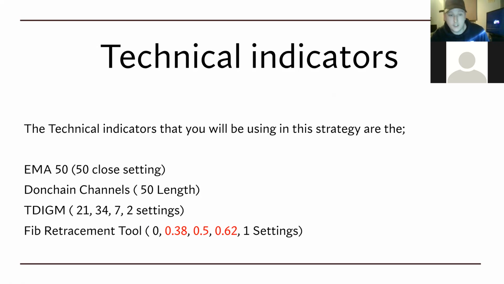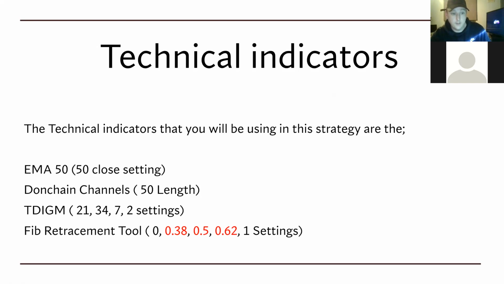And then in a bit, when I show you TradingView, I'll explain them Donchian channels in more detail, because they're a really good technical indicator to help you see support and resistance in the market, and it can also be another confirmation that your support or resistance zones are in the right place.